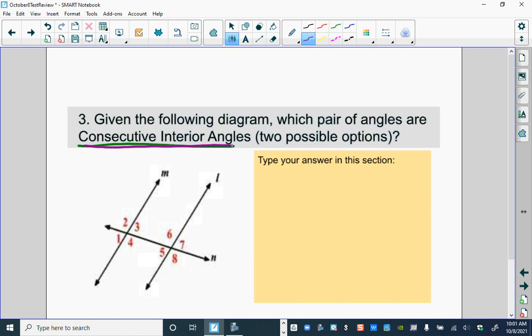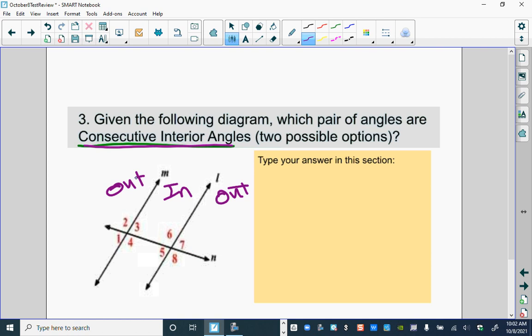Consecutive interiors. Similar to alternate interior, we have to look at the inside, in, not out. However, consecutive interior, is it going to be the opposite side or the same side?